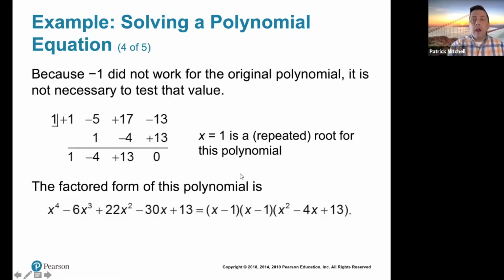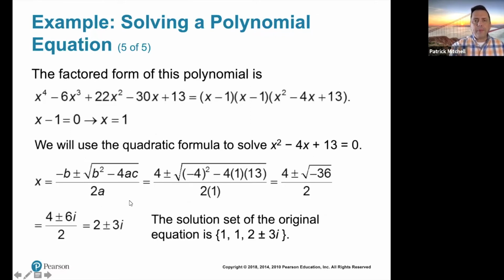Okay. So what we have at this point, the factored form of the original fourth degree polynomial, we got that first x minus 1 in the first step. And now we've gotten out another x minus 1, and we are left with this quadratic factor, and we'll figure out the zeros of that by using quadratic formula.